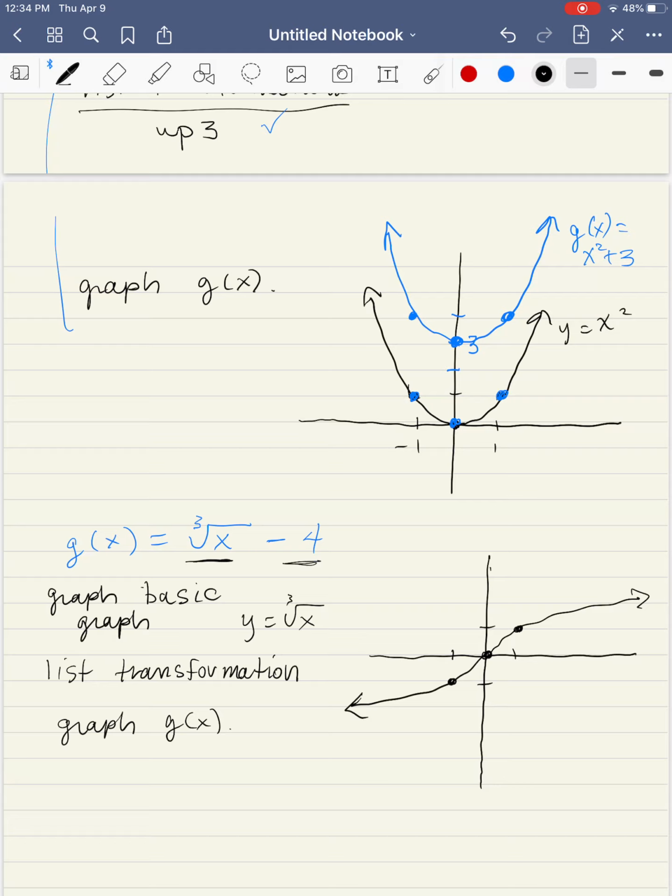Then we list our transformations. We have a minus 4 outside of the cube root. It is not being affected by the cube root. That means it's a change in the y direction. So it is going down 4 units. And then we can move each of these 3 ordered pairs down 4 units.